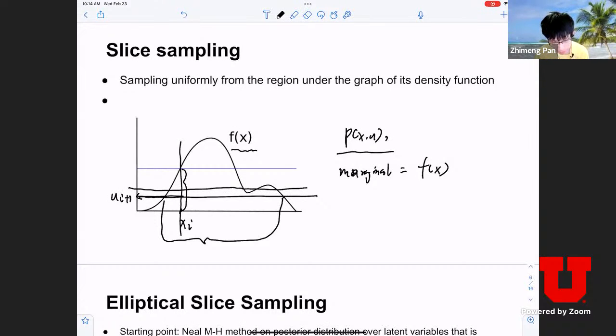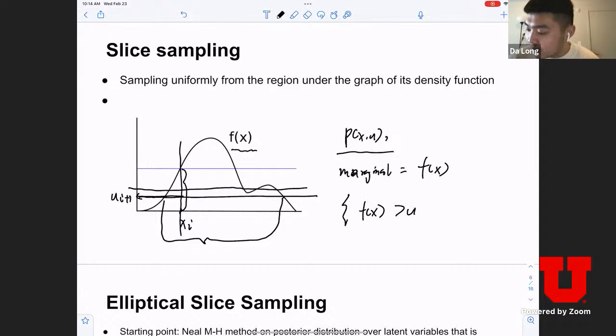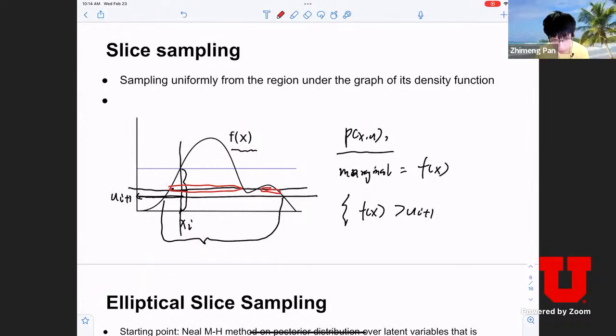Okay, so you need to find the valid sample region, which is the x where f(x) is greater than u_{i+1}. So it is these two places. Then you need to solve the equation to find out the regions. This is what I'm going to talk about. So this is the problem, right? You need to find which region you want to do the sampling. So there is a shrinkage trick that will be used.